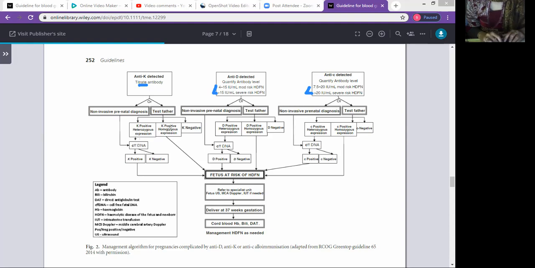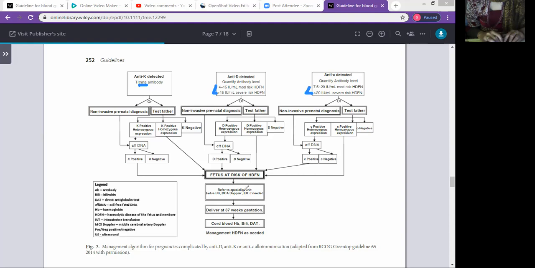Whereas if there is homozygous expression of the corresponding antigen in the father, then the fetus would be at risk of HDFN. So in all these cases, homozygous expression of D, K or small c puts the fetus at increased risk of HDFN. Also, if the cell-free fetal DNA shows that the fetus is KEL positive, D positive or small c positive, then there is also risk of fetal HDFN.